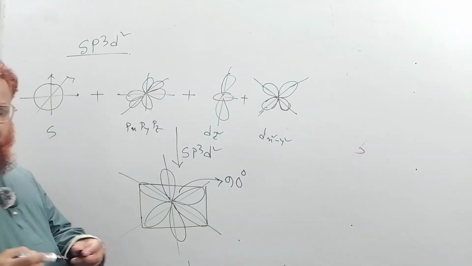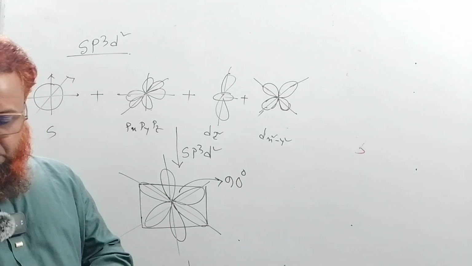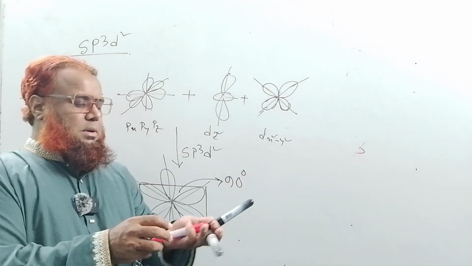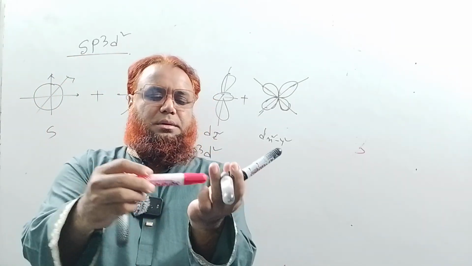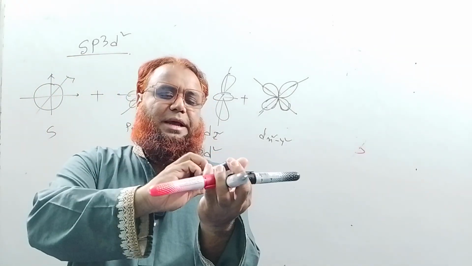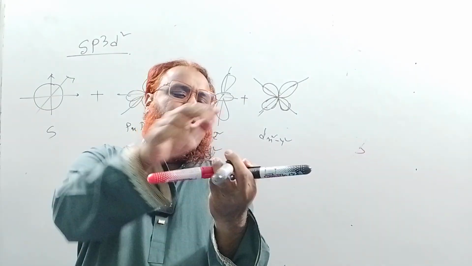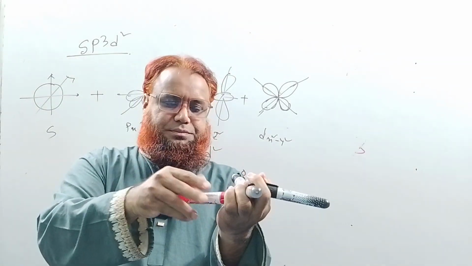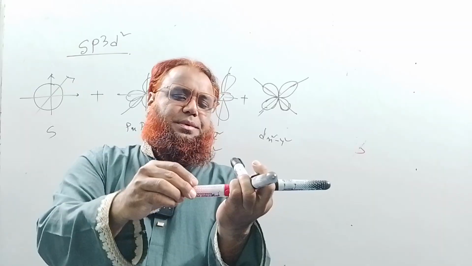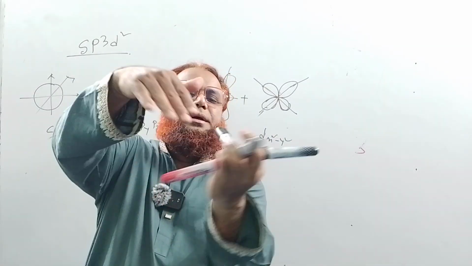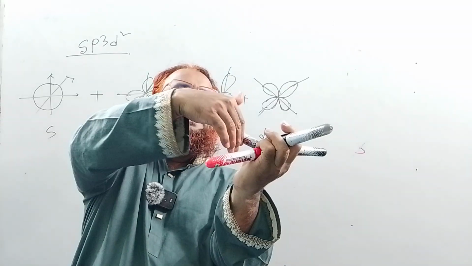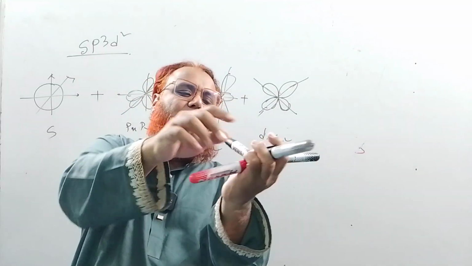Why 90? Now, look at here. Here the shape will be square bipyramidal. So, like this square shape, here bond angle is 90, here 90 and here also 90.